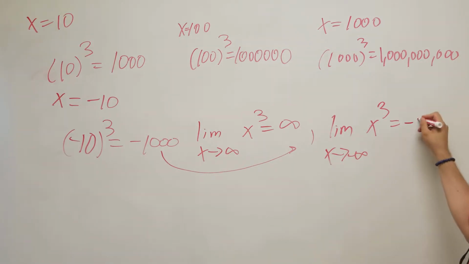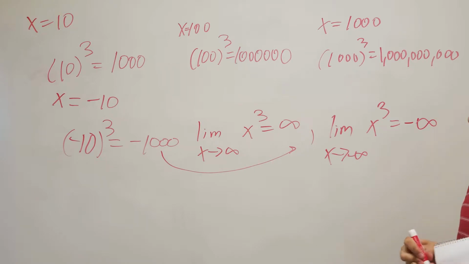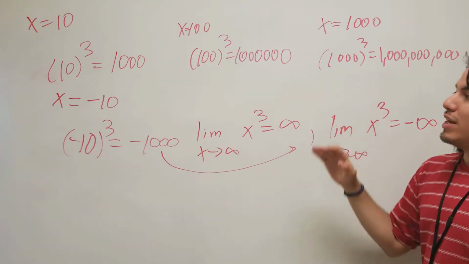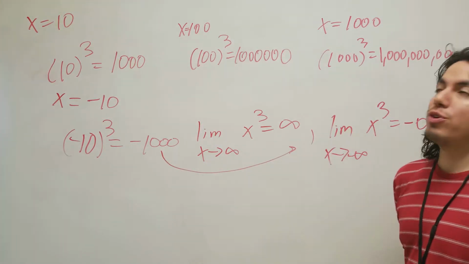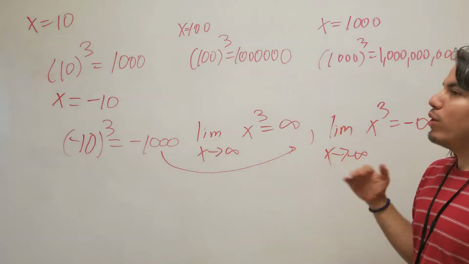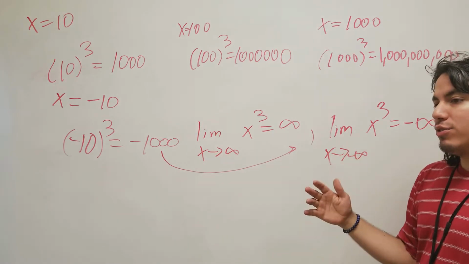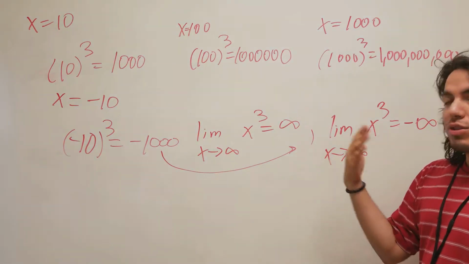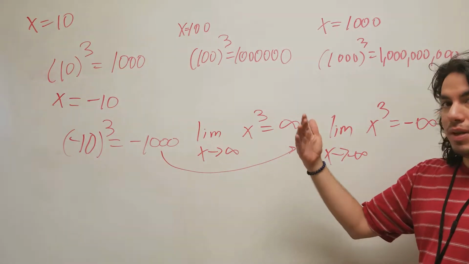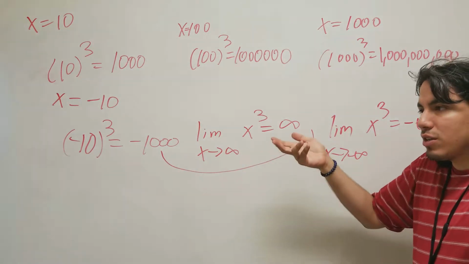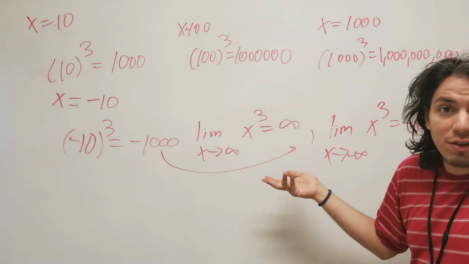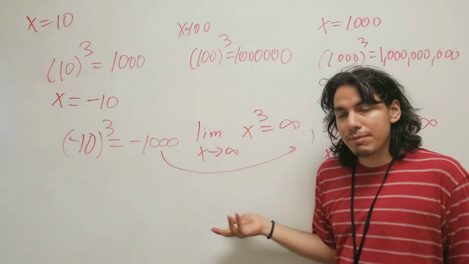So this becomes negative infinity. So understanding the concept of infinity is not just simply plugging it in and it should work. It's about understanding what happens when I plug in values that correspond to the function. It gets bigger and bigger and bigger, and then you realize, oh, it's going to get large no matter what I do, so therefore it's infinitely large. Therefore it goes to infinity.